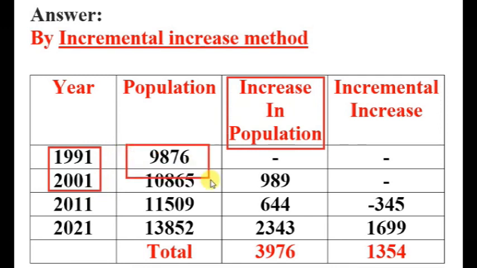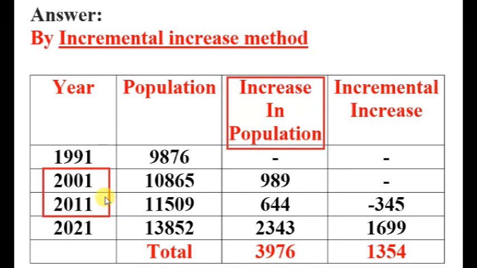We can find the difference between these two values of population. It is 10,865 minus 9,876. We will get the value as 989.